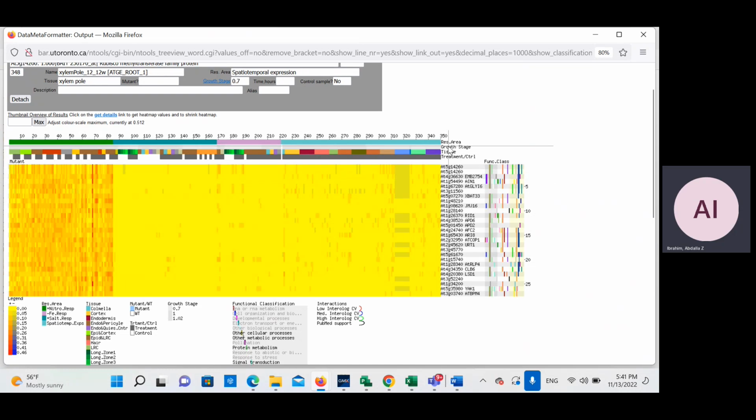So you could see at the growth stage that this area to the left is the whole root, lateral root, whole root tissue. So these are the growth stages. What's common across all these tissues is that they're all the same growth stage, which is 1.2, right here.